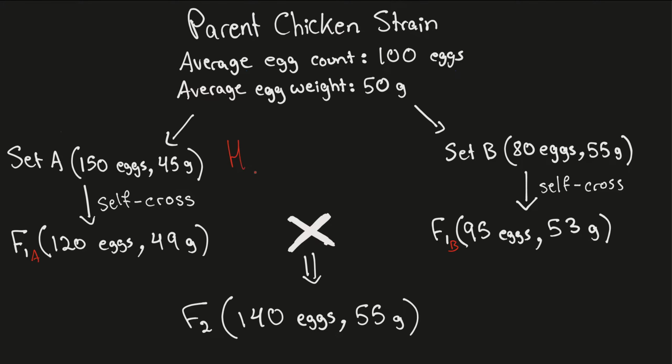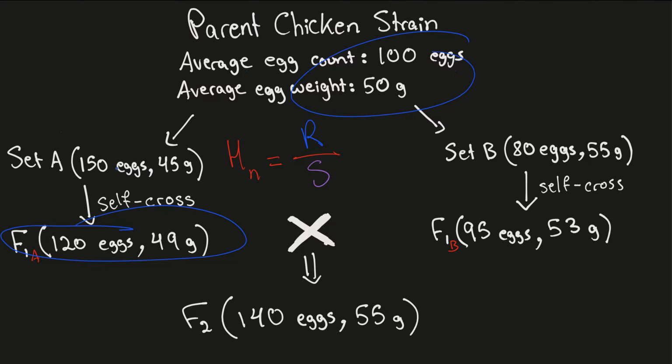Now, if I denote narrow sense heritability by Hn, right, this is going to be calculated by the selection response, which I'm going to mark with R, divided by the selection differential. Now, what is this difference? The selection response is the change in the F1 generation relative to the parents, after we already selected a set A. Say set A is not the average set, essentially.